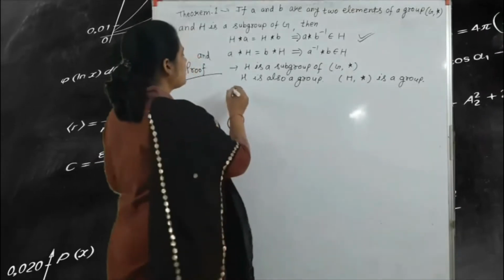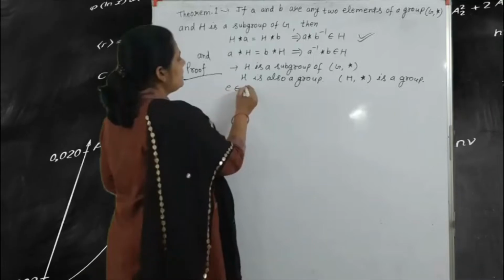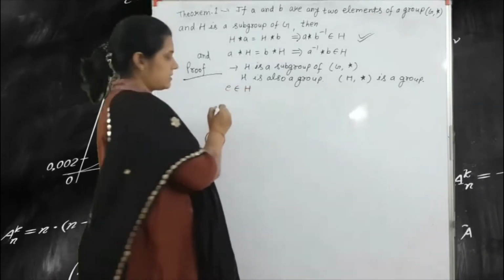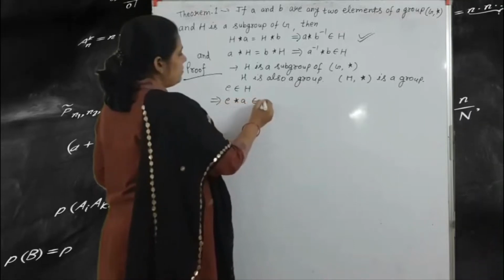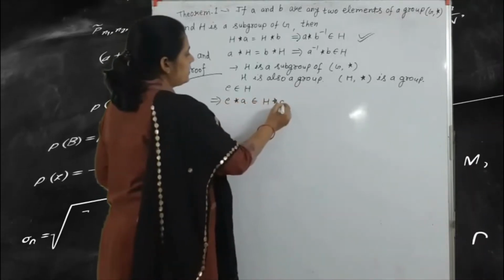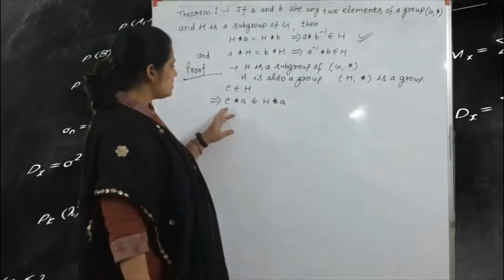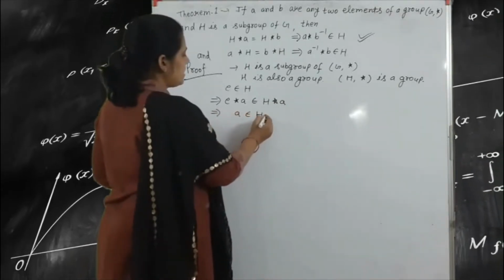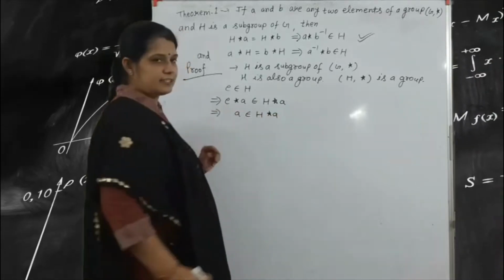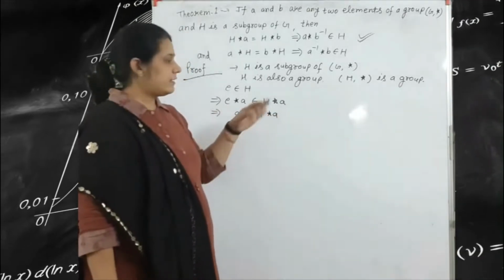For example, if we write E belongs to H, then E star A belongs to H star A, the property of the coset. So E star A, that means A belongs to H star A. Why? Because E is the identity element and H is the group.